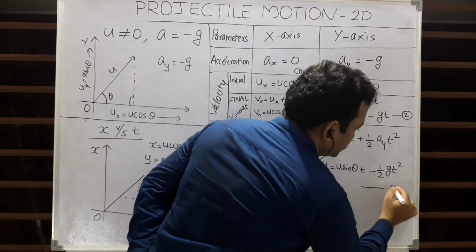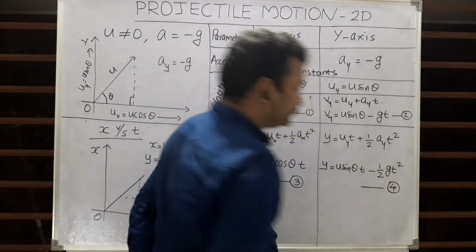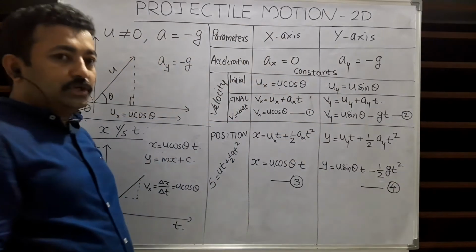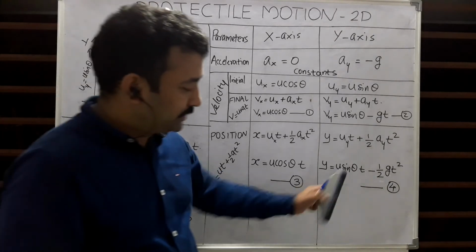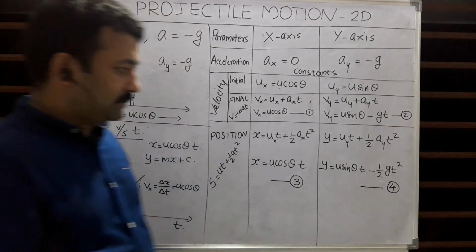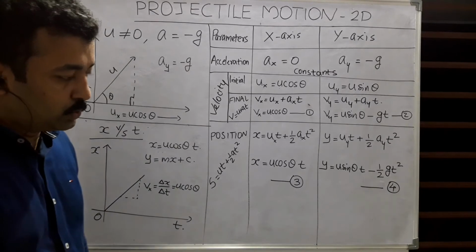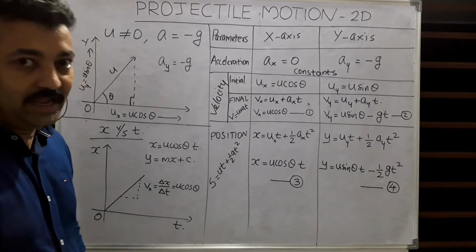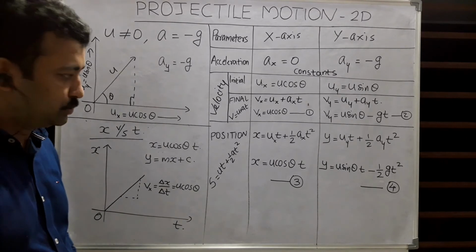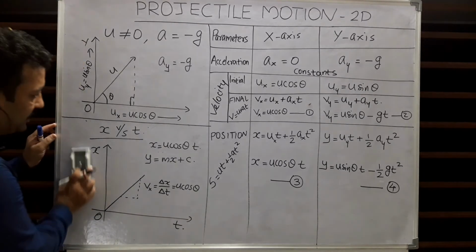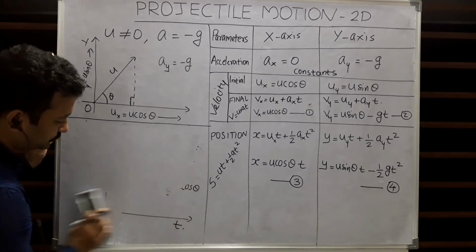Call it equation 4. For the variation of the y component with respect to time, looking at the equation, we can say that it is similar to y equal to ax square plus bx. So I am plotting that on a graph.